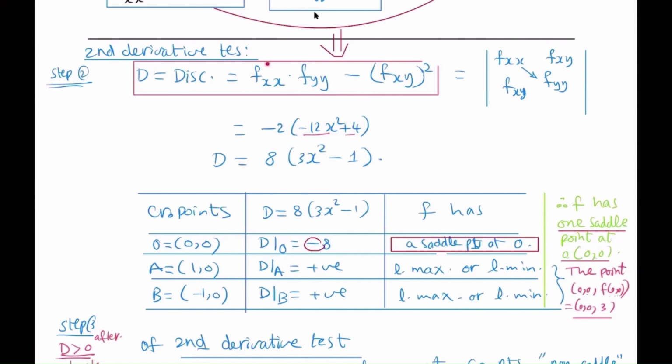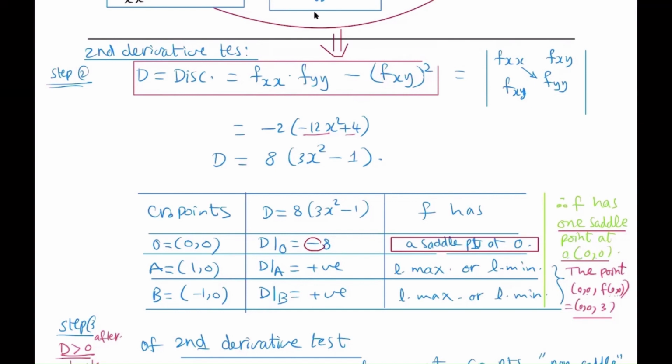Look at the discriminant formula, Sama. Do you see the pointer? Okay. It is fxx times fyy, got it? Minus fxy squared, yes? What do you know about this quantity? It's a square quantity. This is a positive quantity, yes?